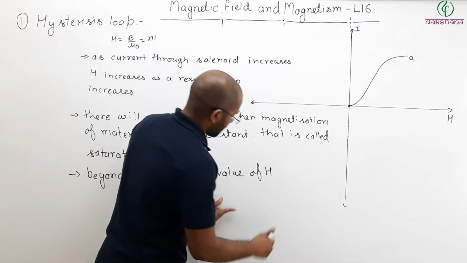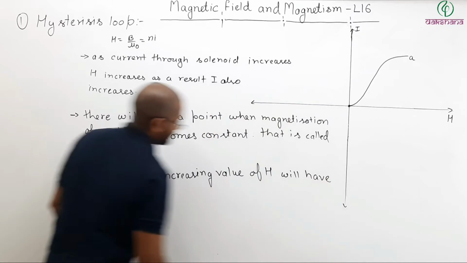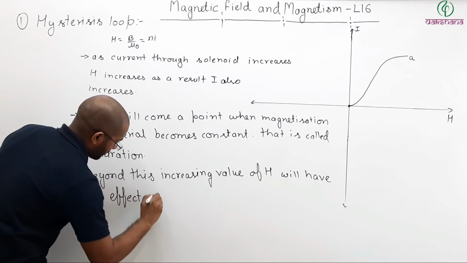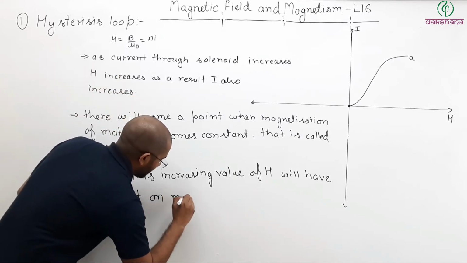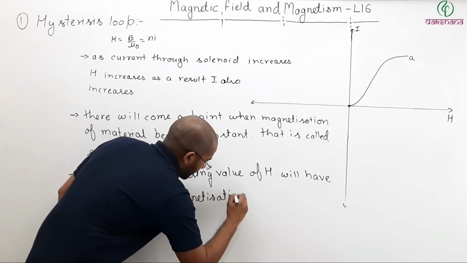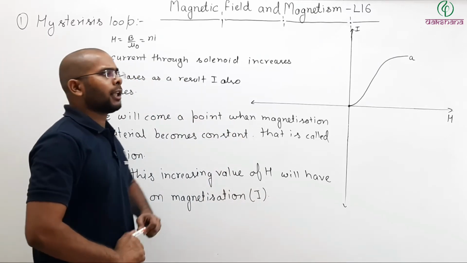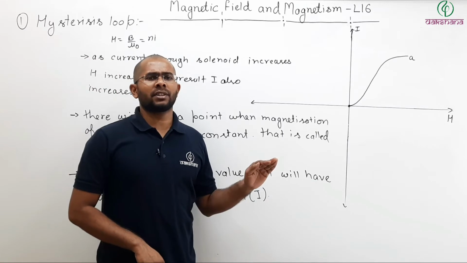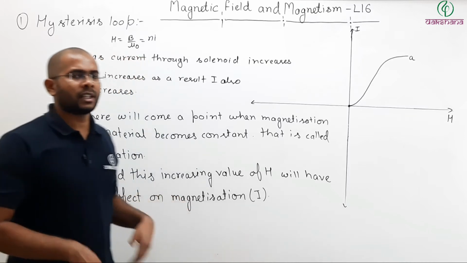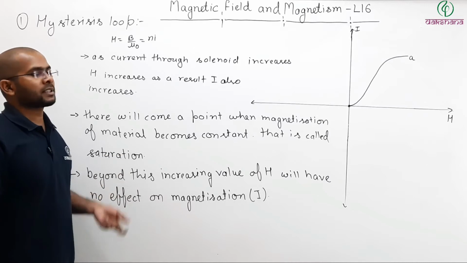So beyond this increasing value of H will have no effect on magnetization, that is I. Why it will have no effect? Because all the atomic dipoles are now perfectly aligned with your external field, and beyond that there is no scope for further alignment. So there will be no effect on magnetization. Pause the video, note it down, then we will discuss further.